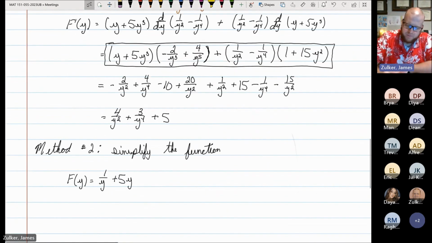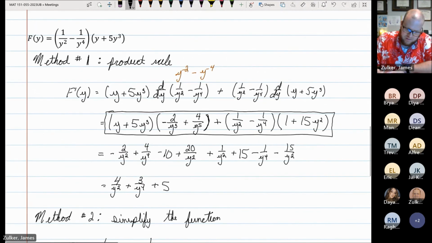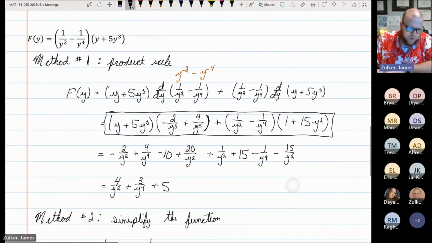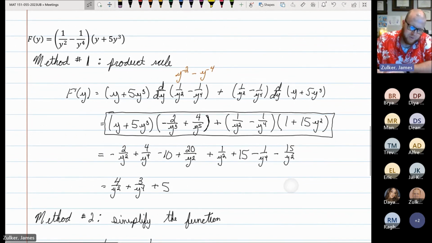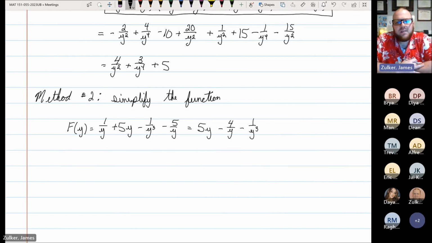Negative 1 over y to the fourth times y. Negative 1 over y to the fourth times 5y cubed. Five y minus 4 over y minus 1 over y cubed.